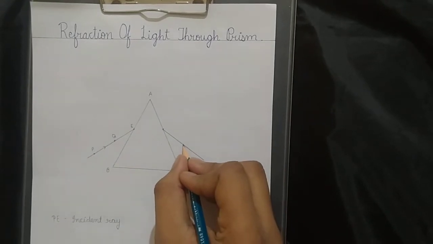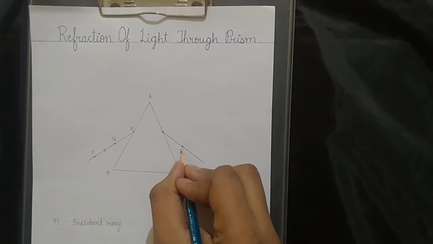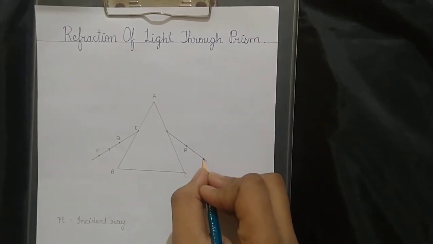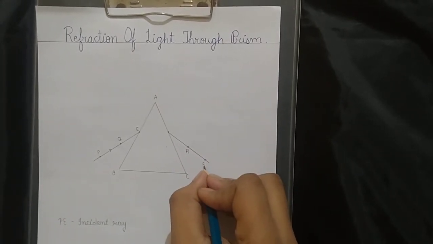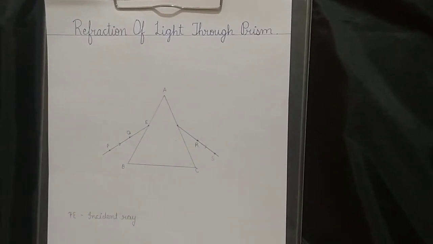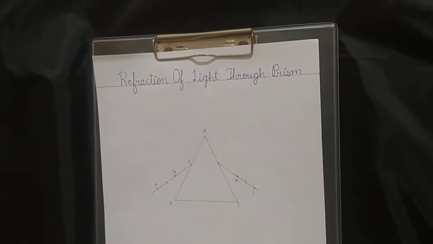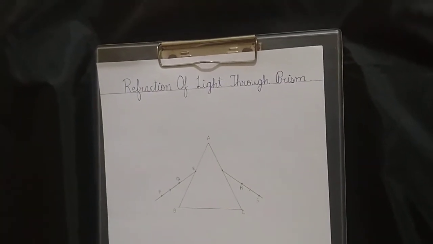Now straight to Q, I'll mark the point R as I'm marking right now, and with respect to P, we'll mark S. Now I'll mark the point on the triangle surface AC as F.